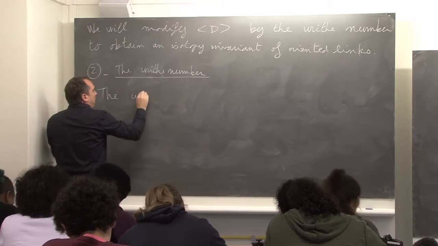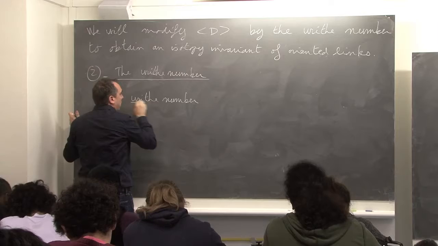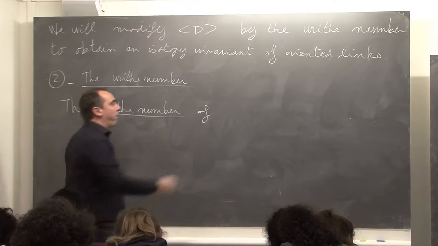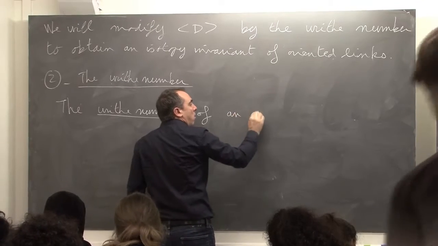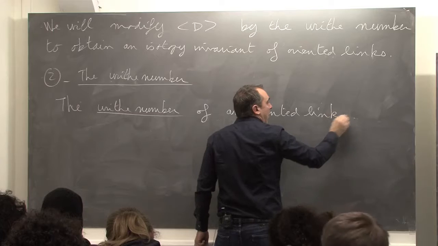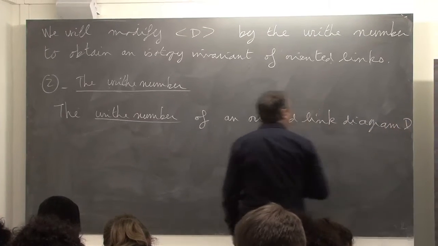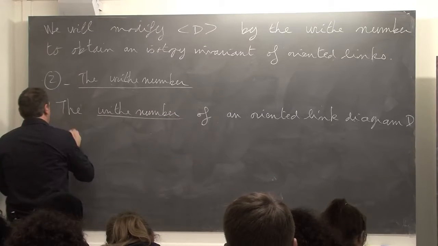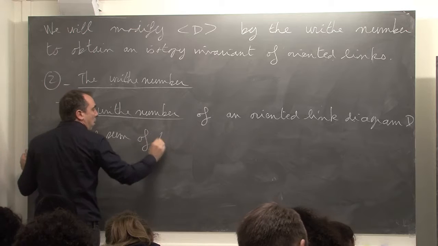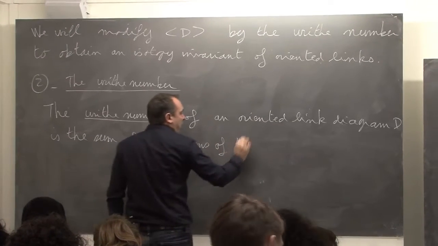The writhe number of an oriented link diagram D is just the sum of the signs of the crossings.